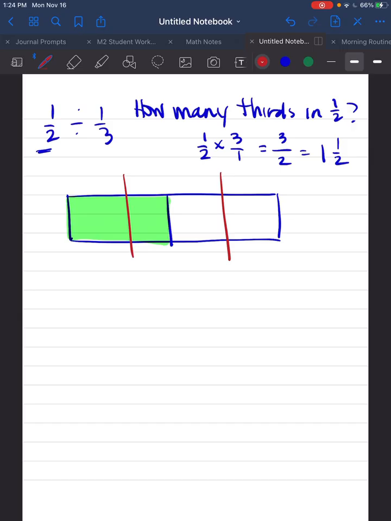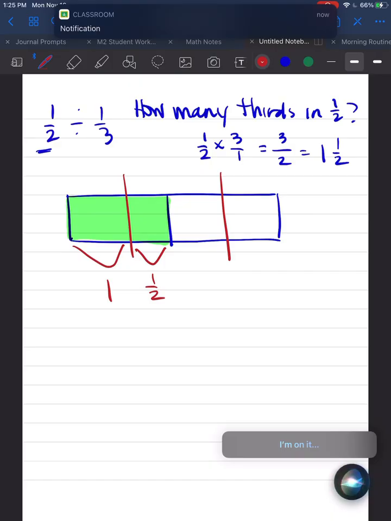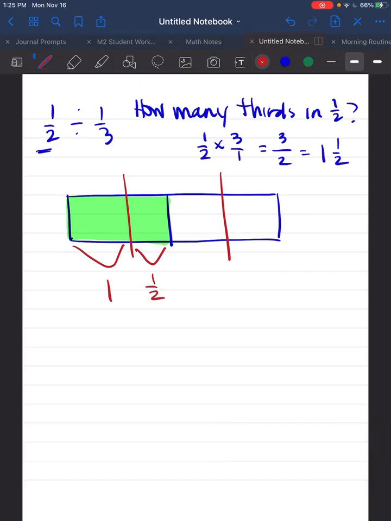So I have half, and then I divided my whole into thirds. Now, how much of the thirds do I have shaded? I have 1 whole third, but this is how you do the models that you're going to need to know for the module test coming up on Monday. Good luck.